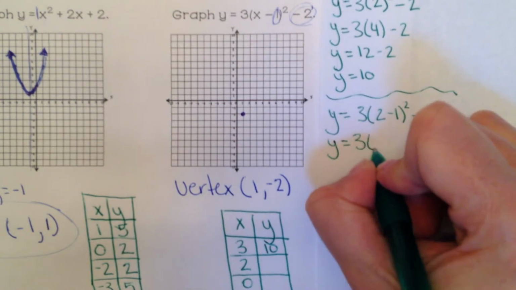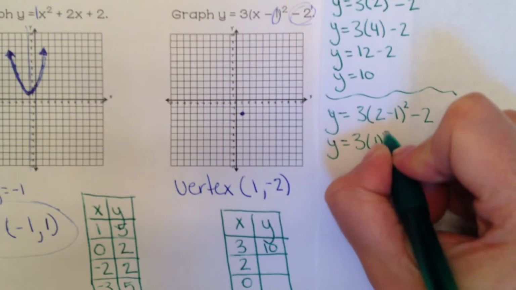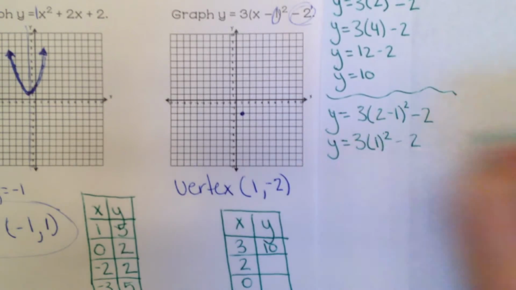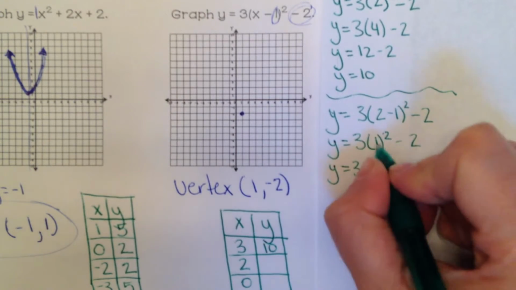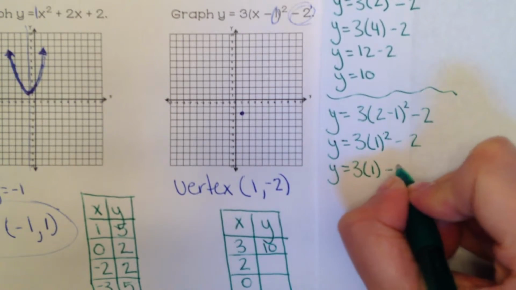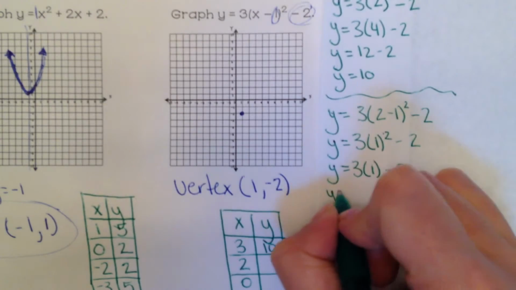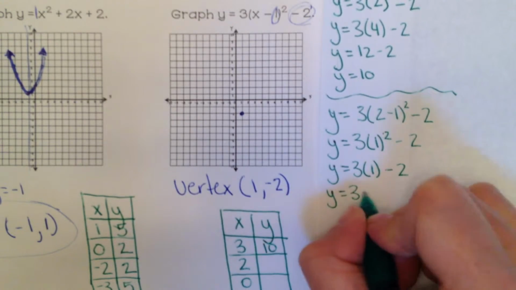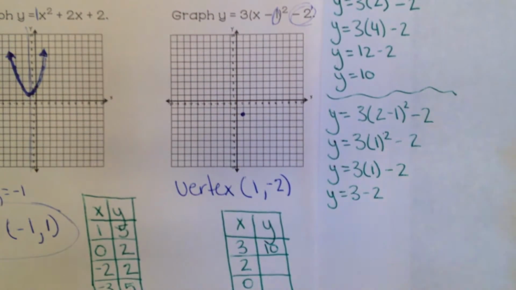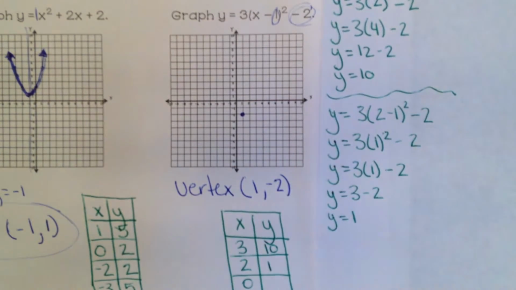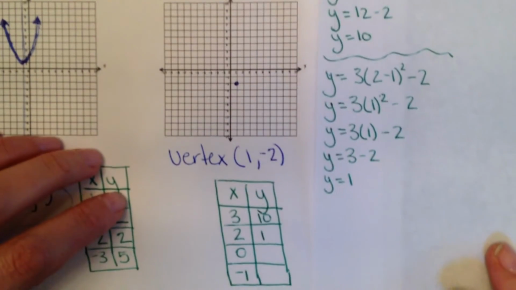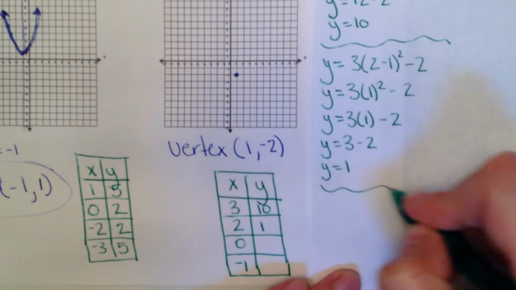So we have 3 times 2 minus 1 is 1 squared minus 2. 3 times 1 squared is just 1 minus 2. 3 times 1 is 3 minus 2. And 3 minus 2 leaves us with 1. We're almost done. We just have 2 more to do.